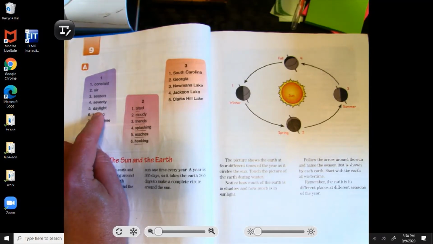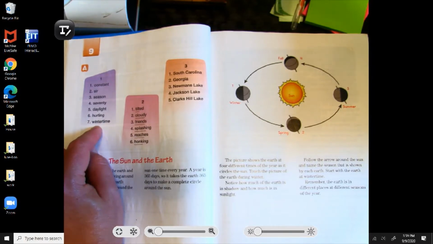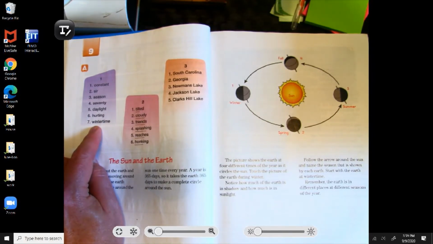Do you remember the antonym or opposite of daylight? Daylight, nighttime. Word 6 is hurting. What word? And word 7 is wintertime. What word? Excellent. Wintertime is a compound word. Winter and time makes wintertime.